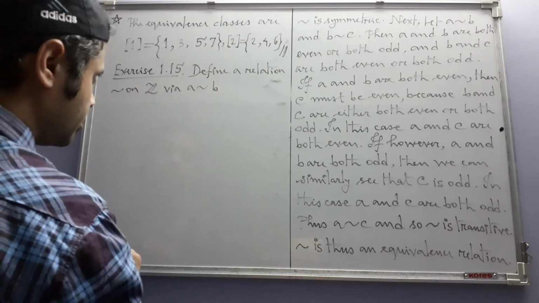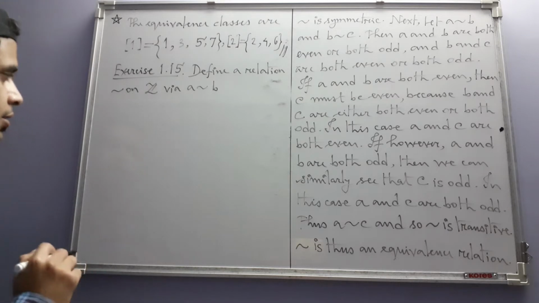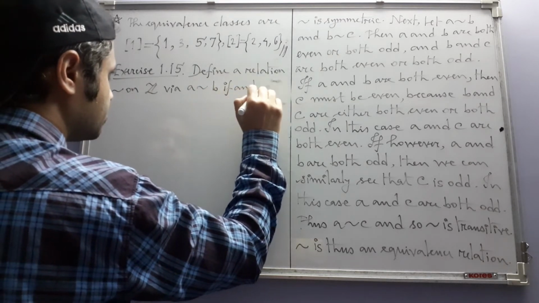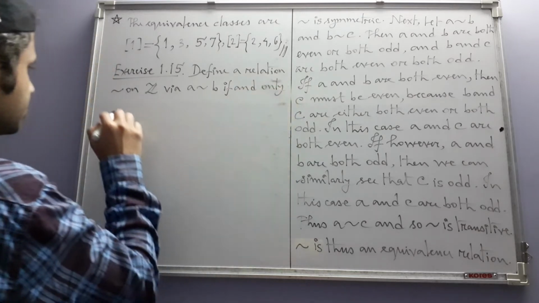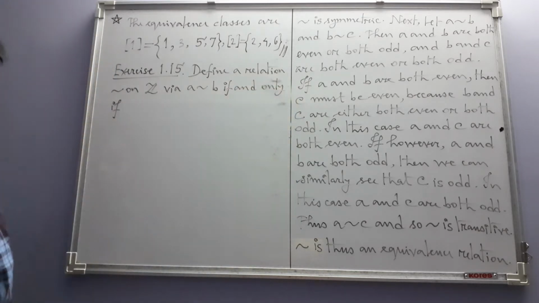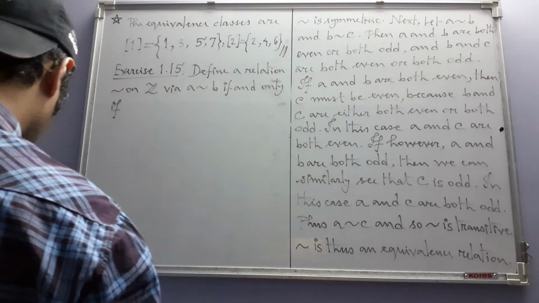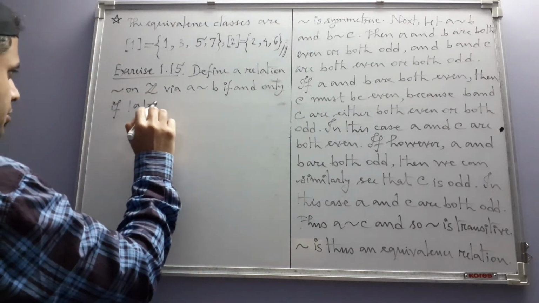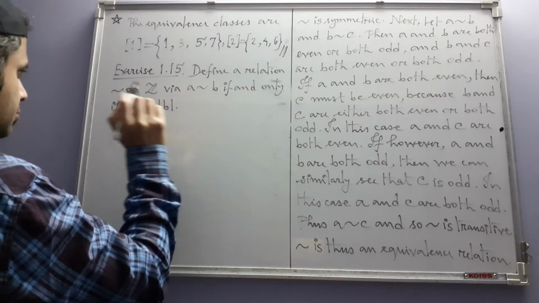Integer A is related to integer B if and only if A and B have the same absolute values.